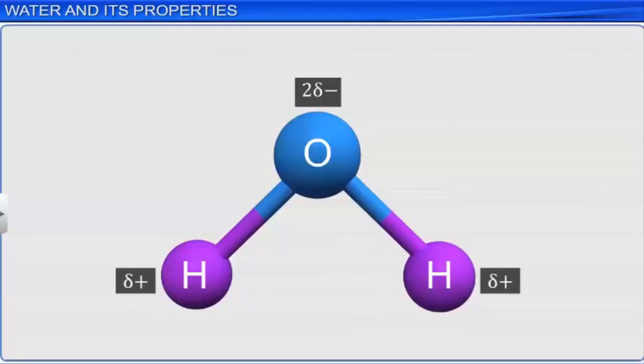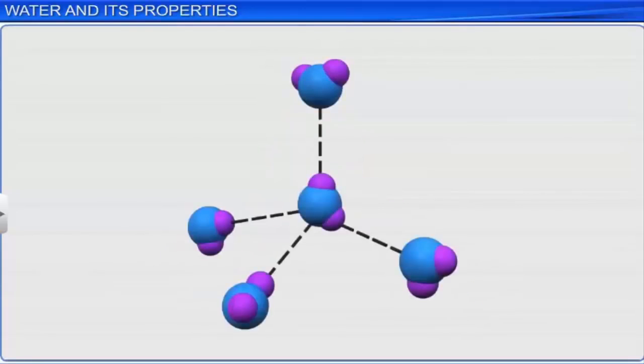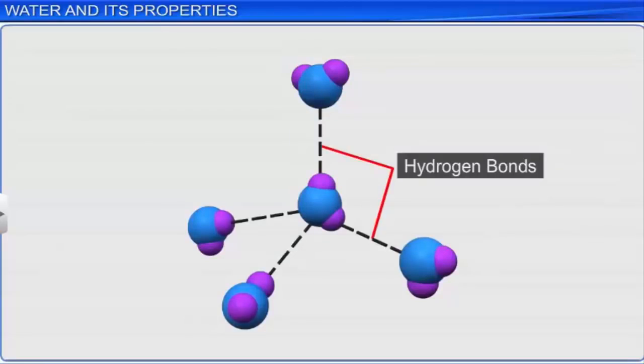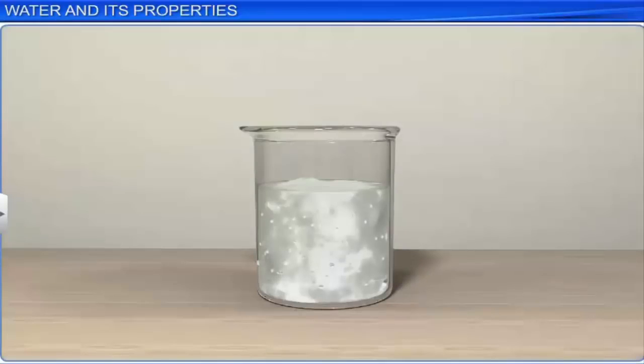As a result, water is a polar covalent molecule. In the liquid phase, water molecules are associated by hydrogen bonds. The crystalline form of water is ice.